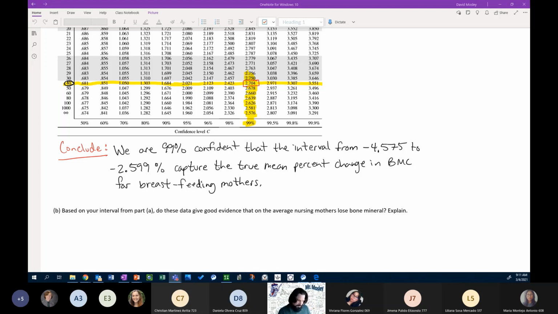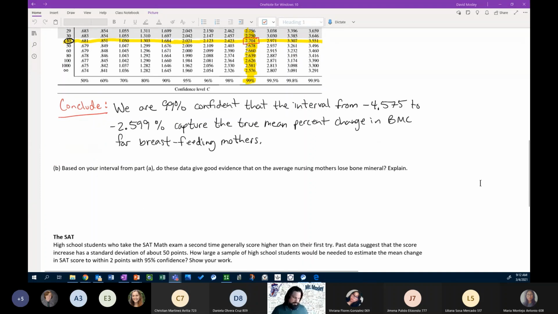And then our next question here, based on your interval from part A, do these data give good evidence that on the average nursing mothers lose bone mineral? Explain. All right. And so basically, the answer is yes.